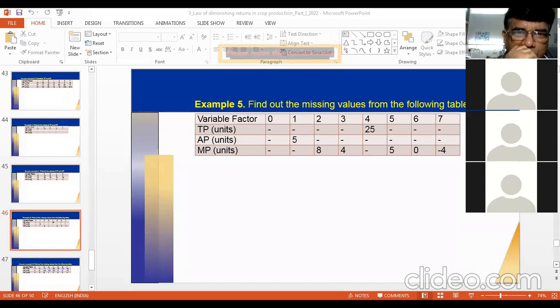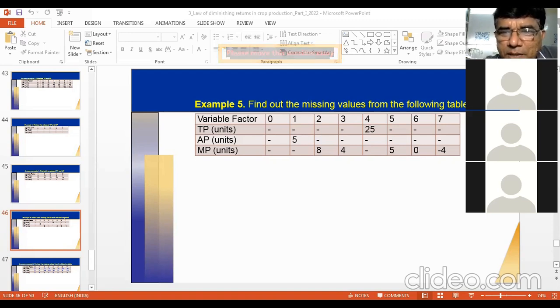Done, sir. So this is actually not so simple, but it involves a little bit of thinking from your side. You can start from 25. You are seeing 25 in TP. Here you can get at least one value of AP. So 25 divided by 4, whatever you get, you can put against the AP.